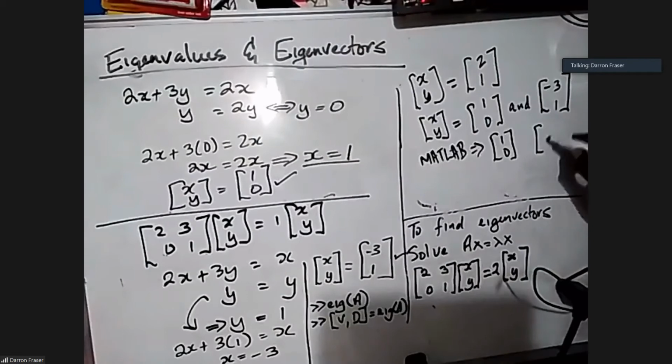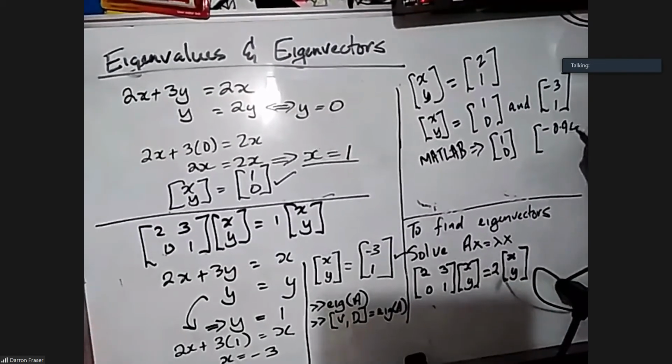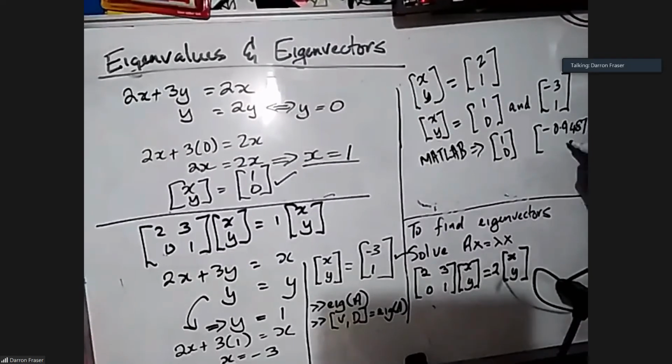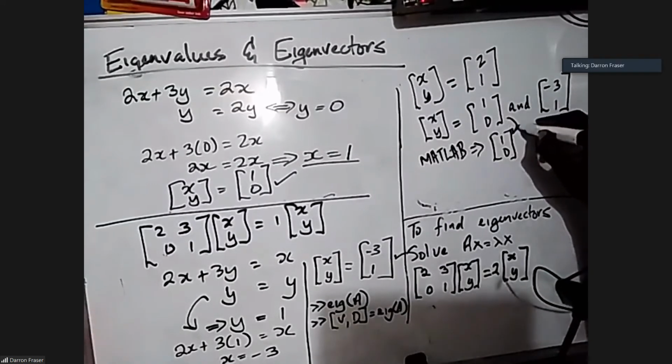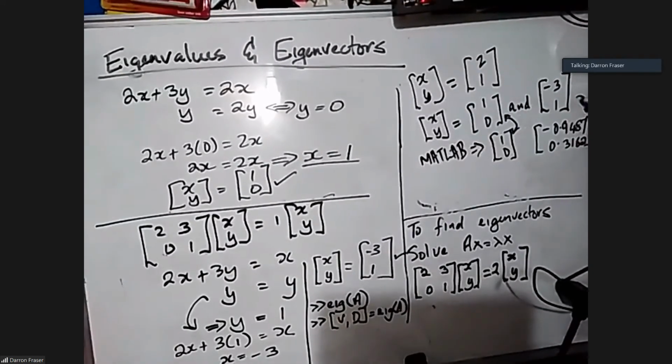And then it gives me -0.9487 and 0.3162. So what is going on there? One corresponds and this one doesn't.